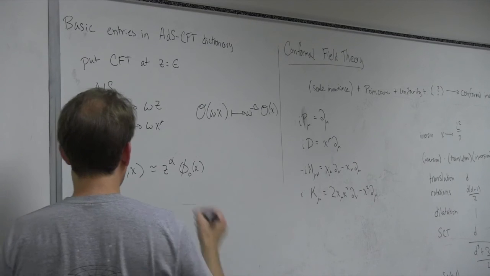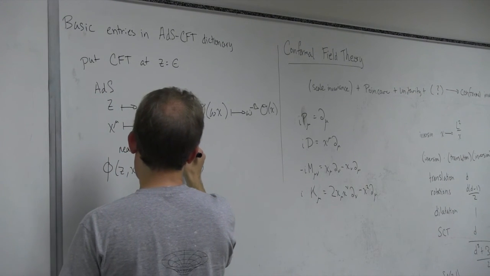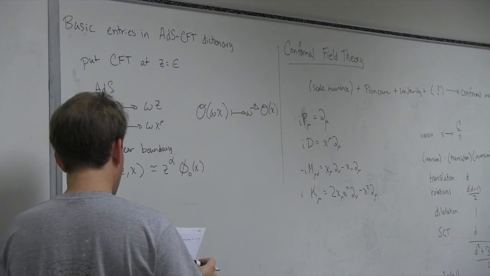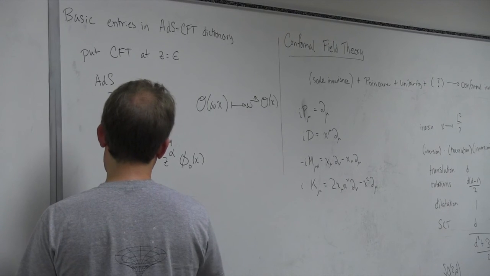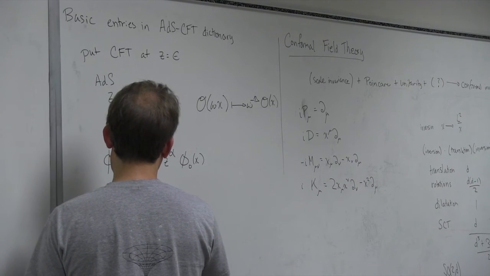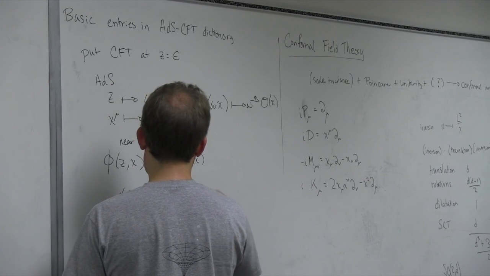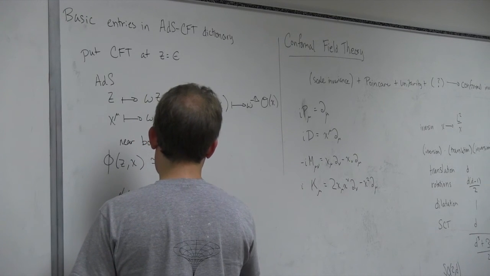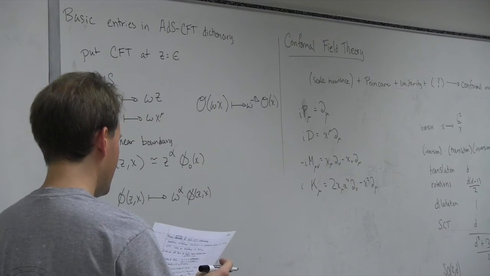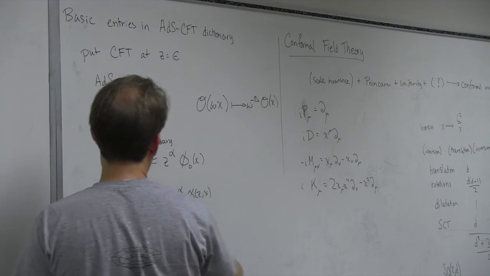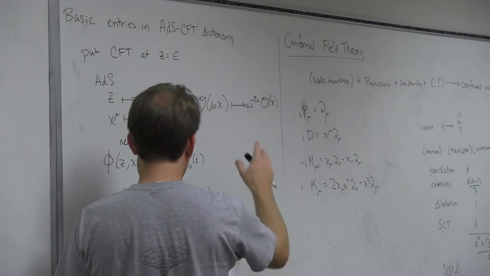Okay, so near the boundary. If I do this kind of scaling, then obviously it goes to omega to the alpha, phi(z, x). So alpha, that power law, looks like the scaling dimension in the CFT.